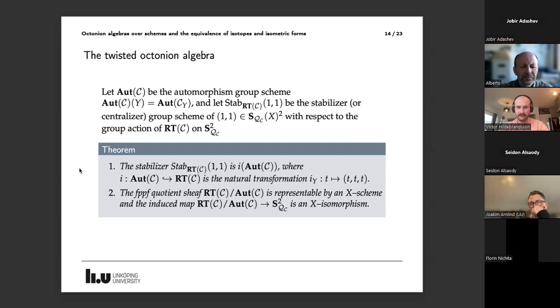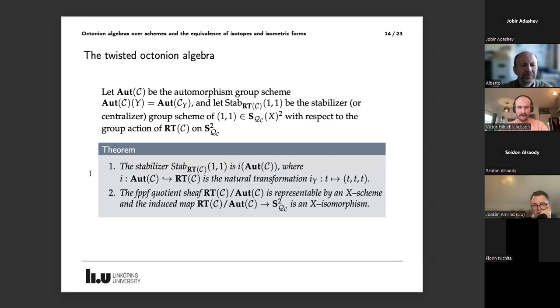And then we have our first theorem, that the first part is that the stabilizer is exactly the automorphism group, or the inclusion of the automorphism group in our group scheme. But except from this theorem, we will just denote this by the automorphism group.